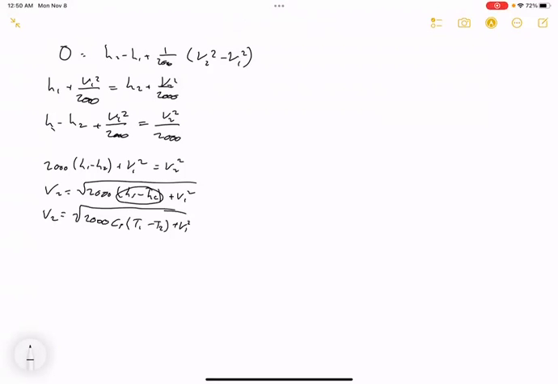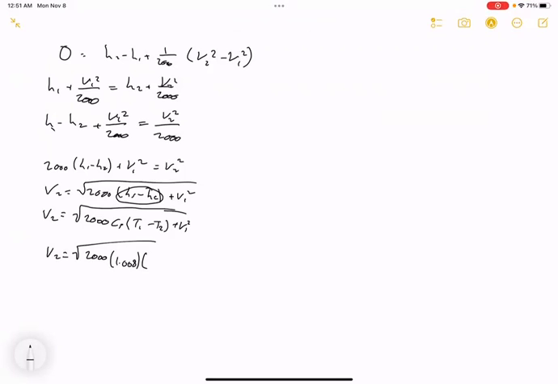So V2 equals the square root of 2,000 times Cp, which is 1.008 kilojoules per kilogram Kelvin, times the change in temperature, and notice it's 1 minus 2, not 2 minus 1.